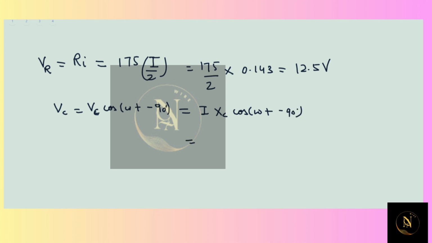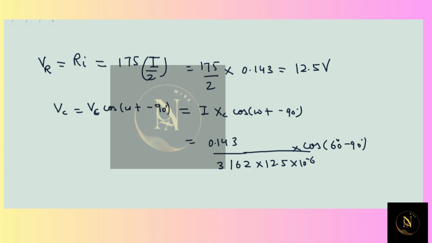Putting all these values here, we have 0.143, and XC is 1 over omega C, which is 3162 times 12.5 microfarad, which is 10 to the minus 6 farad, times cos 60 minus 90. So this gives us 3.13 volts. This is the instantaneous voltage across the capacitance.